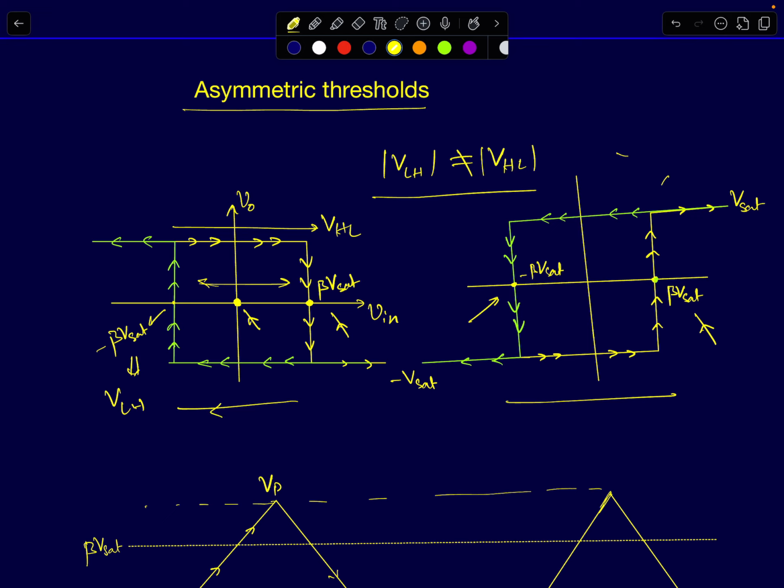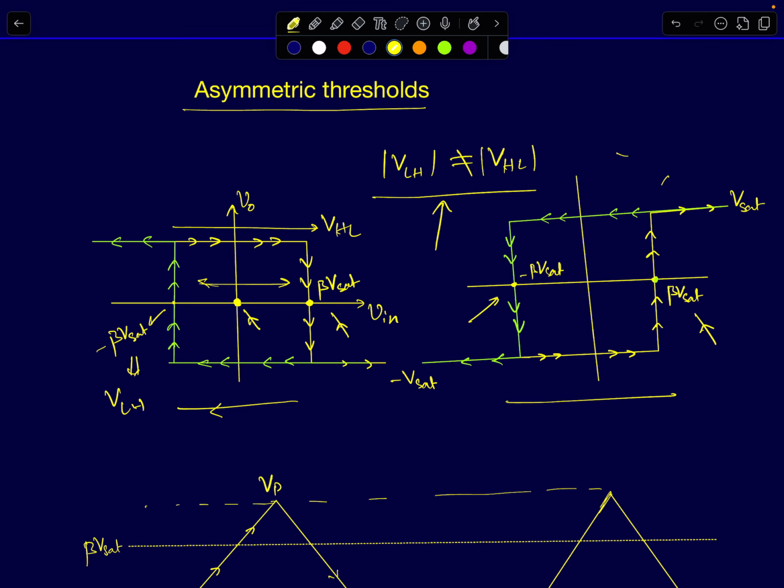In that case, your high to low and low to high threshold voltages will not be symmetric or equidistant from the origin. Those characteristics I'm going to call asymmetric threshold voltage or asymmetric Schmidt trigger characteristics. The question is, how do we realize that? And even before that, an even more important question is, why do we need these asymmetric thresholds at all in the first place? In this lecture, I'll try to answer all these questions.